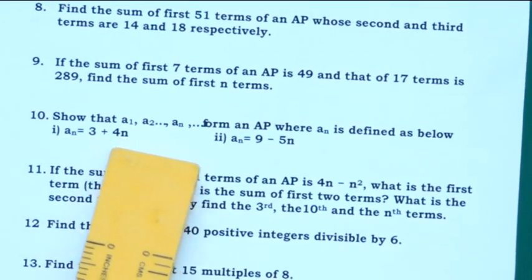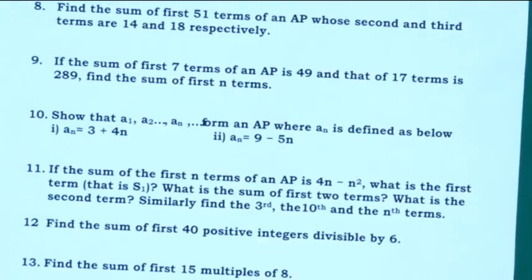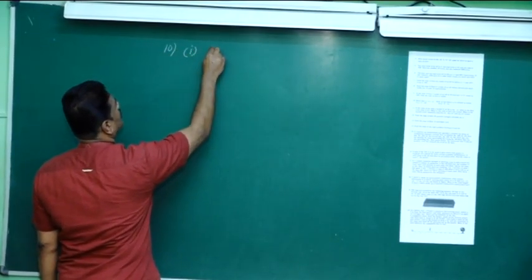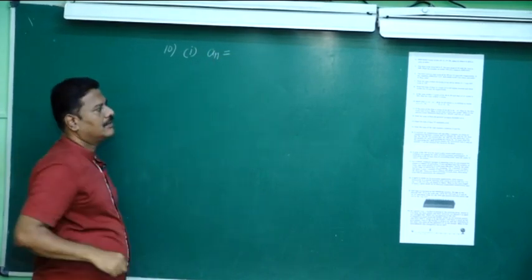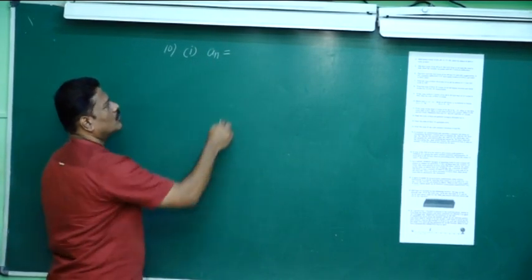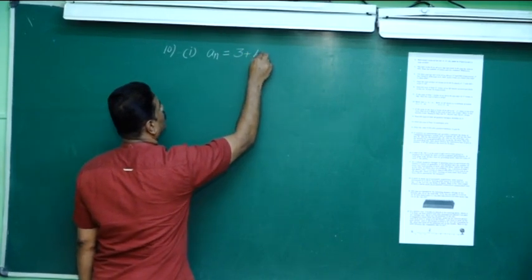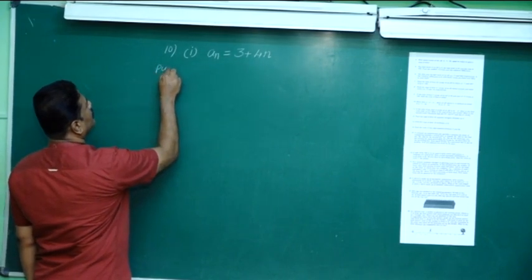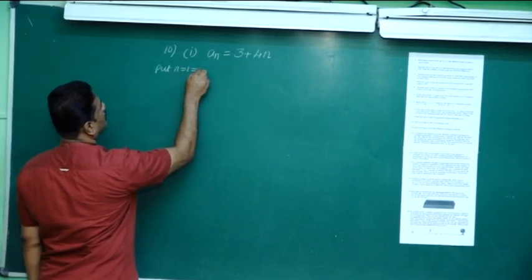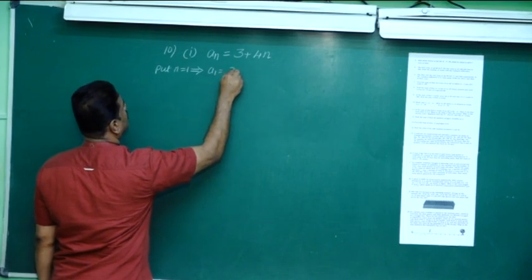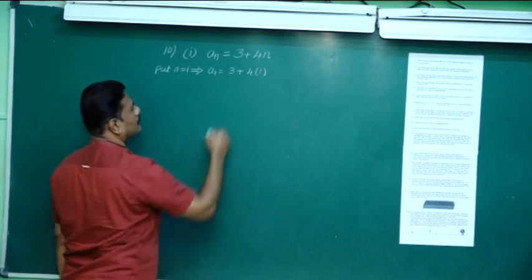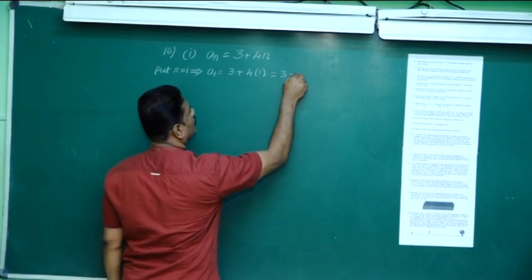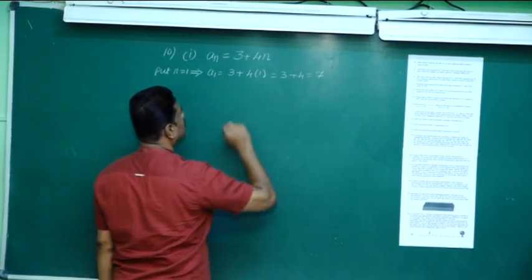Okay. Let me take now the first sub question here. 10th one, sub question 1. What is the an given? an is 3 + 4n. Now you put n = 1. You will get a1 = 3 + 4 into 1. What is 4 into 1? 4. 3 + 4 is 7.